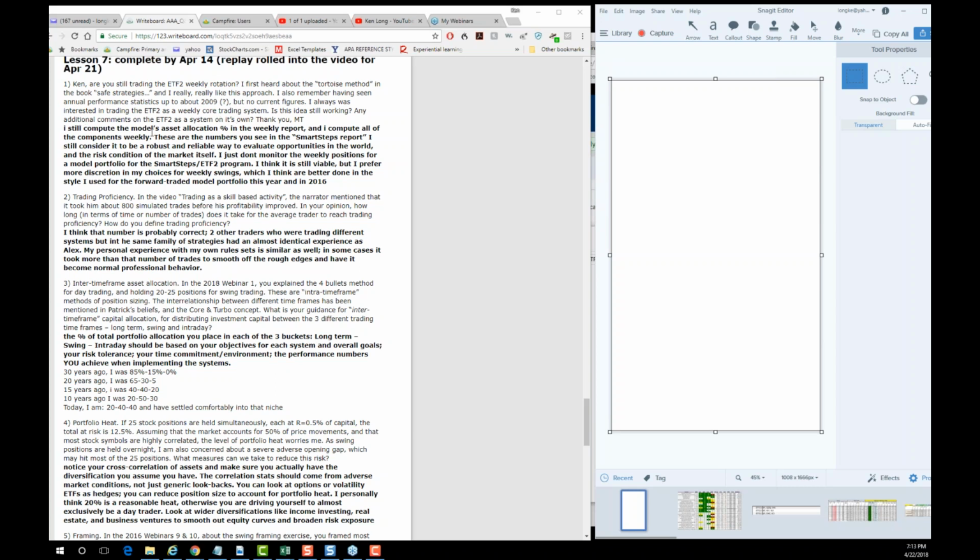Well, what I do is I still compute the model asset allocation percentage for the weekly report, and I compute all of the components of that ETF2 model. So that is the strength, consistency, and quality on a scale of 0 to 100, and then roll that up into an aggregate average rating.